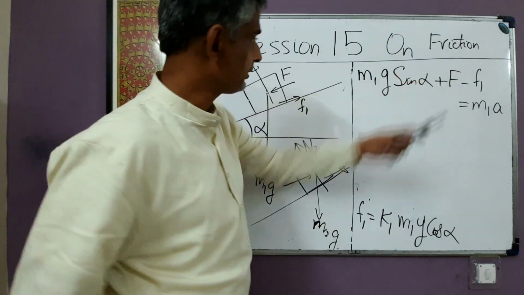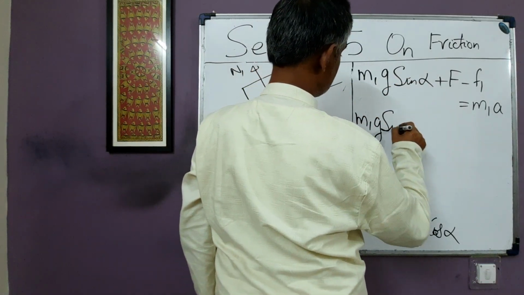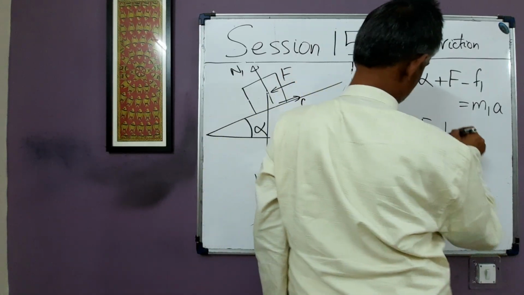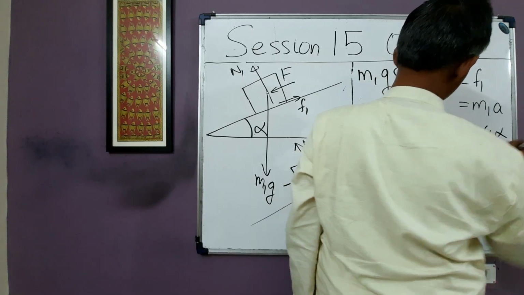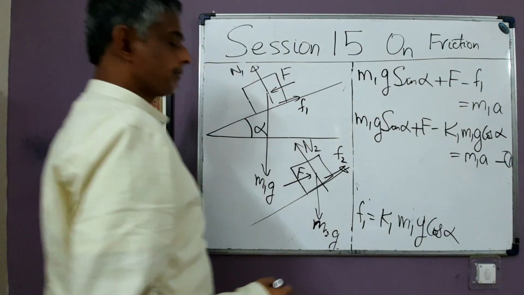So what do we get? m1g sin alpha plus F minus K1 m1g cos alpha is equal to m1a. So this is the first equation.